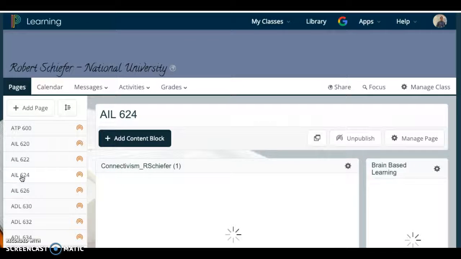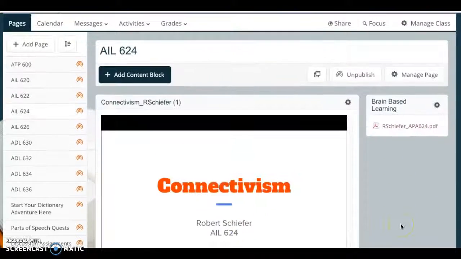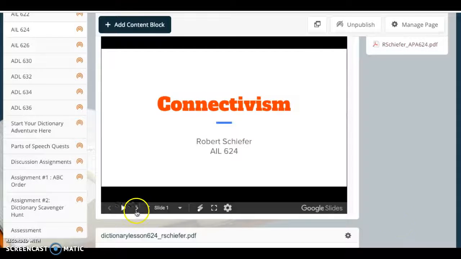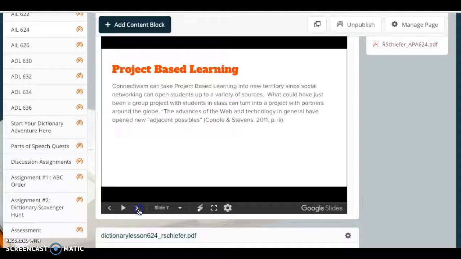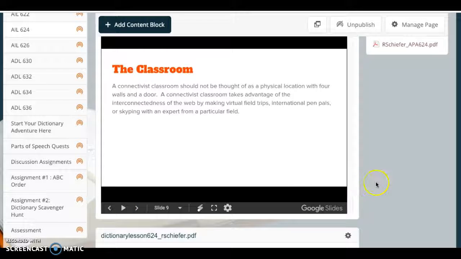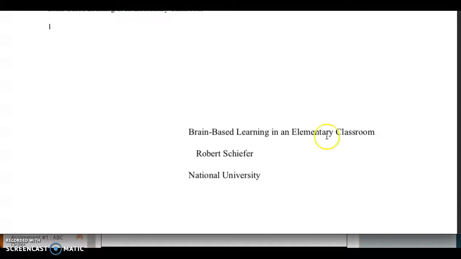In AIL 624, we learned about learner literacy in terms of literature and literacy instruction. This was a slideshow about connectivism. A paper written about brain-based learning.